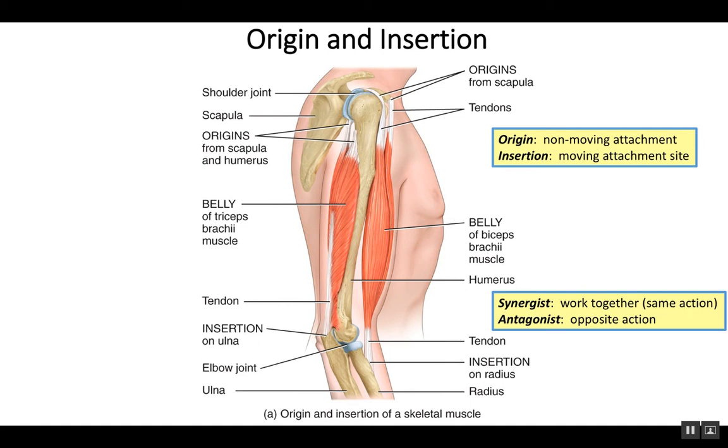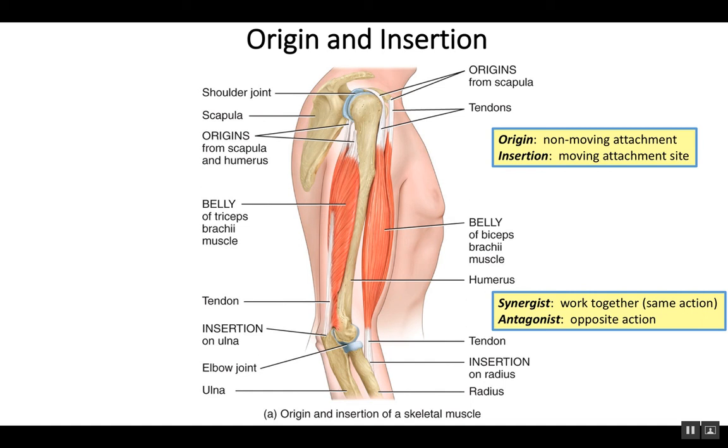Next one is antagonist. When your elbow is flexing, your prime mover is your biceps brachii, your brachialis is synergistic, your triceps brachii is antagonistic. It does the opposite of your biceps. And typically when you are moving a joint, one muscle group is causing that action, and the antagonistic muscle has to relax.